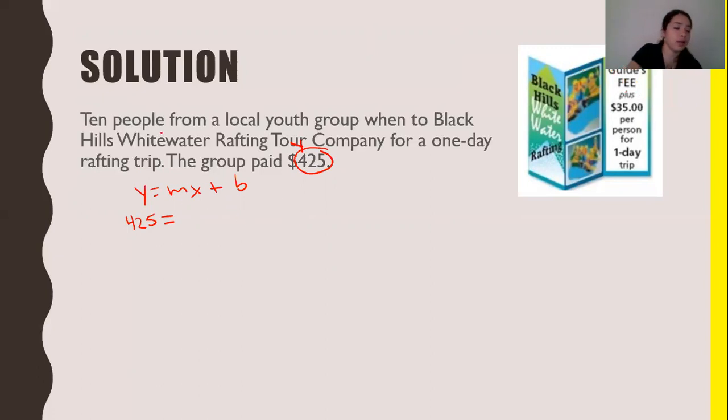So we know that the amount of people that went on this whitewater rafting trip were 10 people, and they each paid $35. And the b can be that information. It's that guide's fee that doesn't change in value. That's just what they charge. So then we would go ahead and solve this for b, and that would give us how much that guide's fee is.